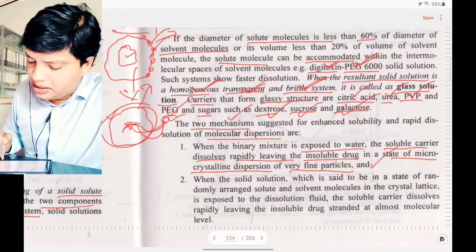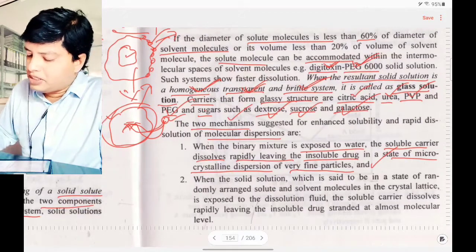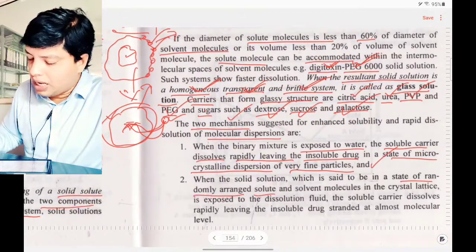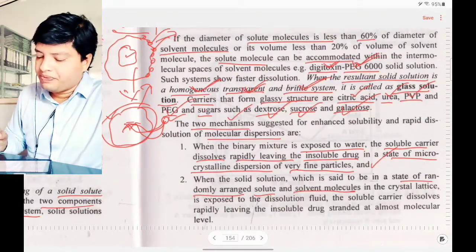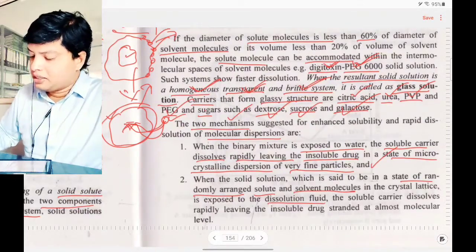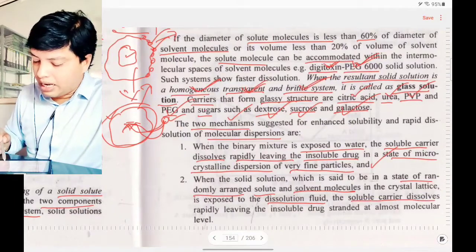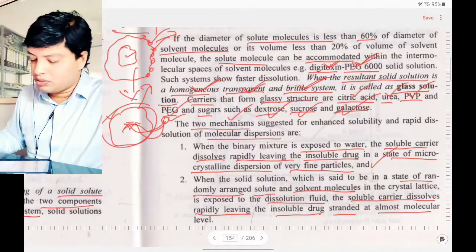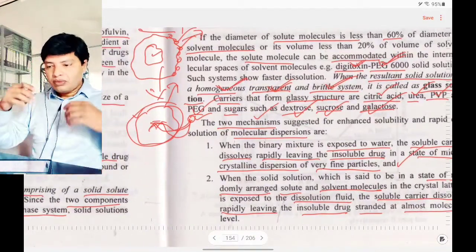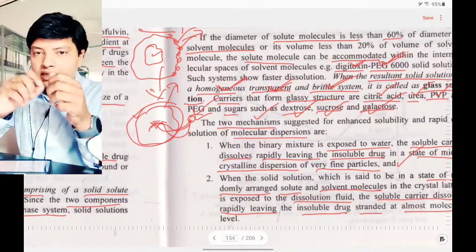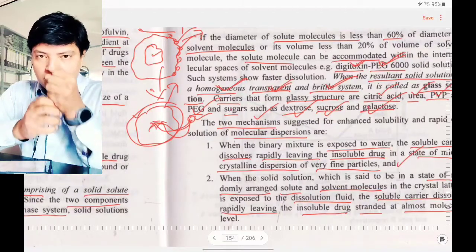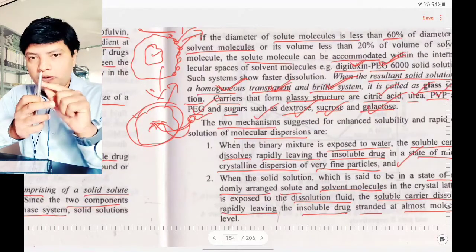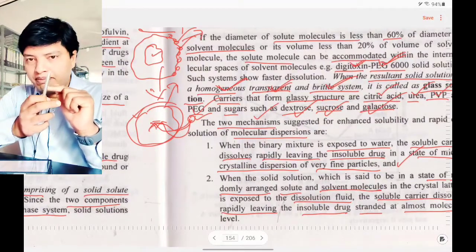Second mechanism is when the solid solution, which is said to be a state of randomly arranged solute and solvent molecules in a crystalline lattice, is exposed to dissolution fluid, the soluble carrier dissolves rapidly, leaving the insoluble drug stranded at almost molecular level. So in one method, the complex is formed, the host molecule dissolves rapidly and leaves this molecule as micro fine particles.